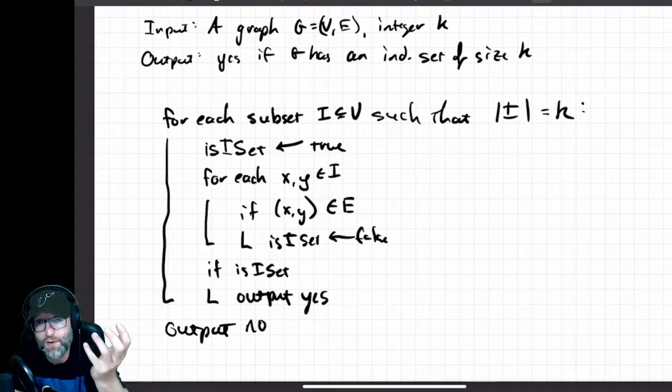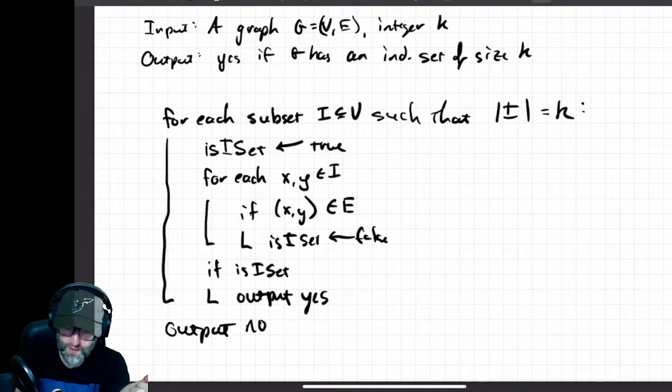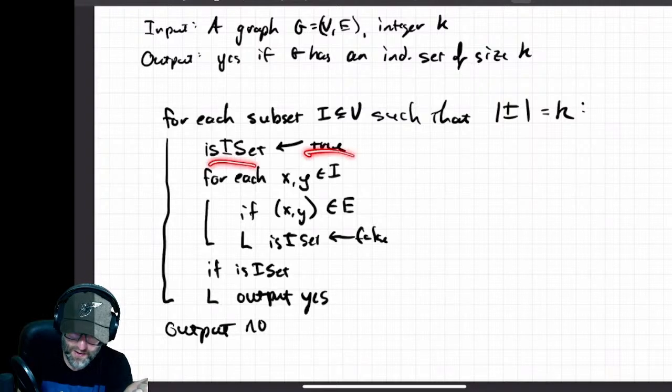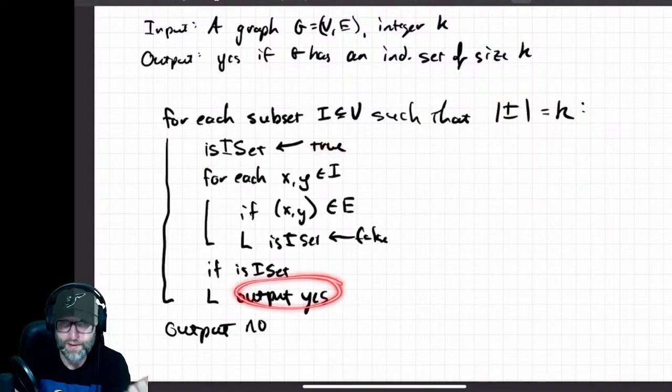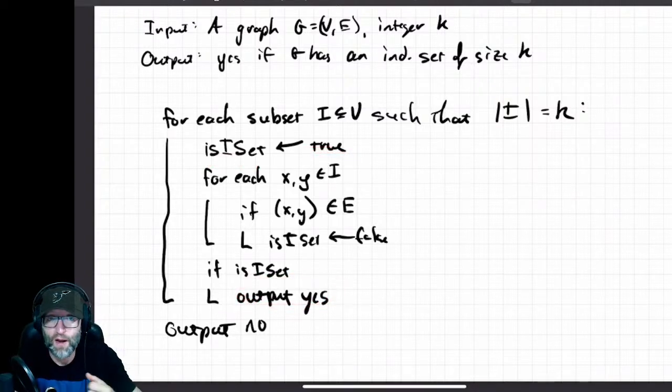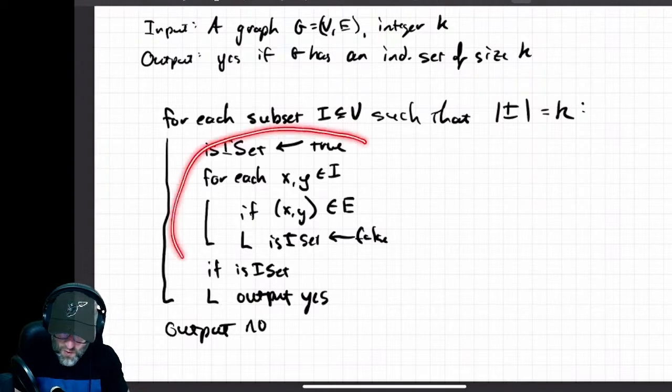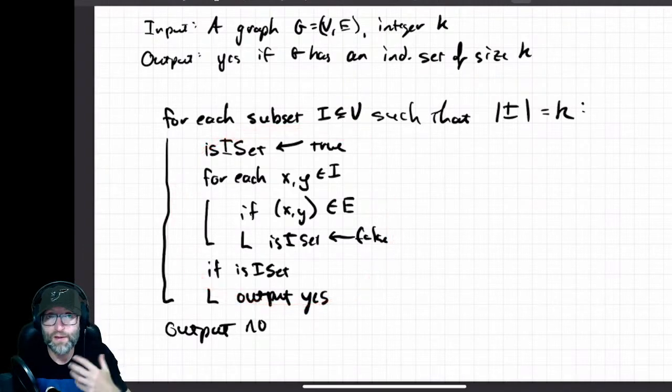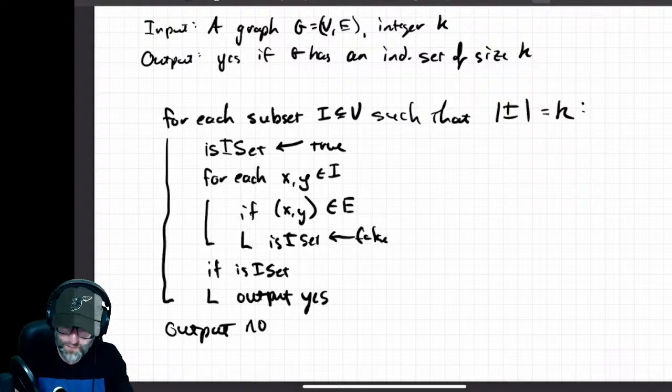I would then start backtracking. Of course, if I ever found an independent set, then I would immediately stop and output yes. But I wouldn't have to create a subset of size k plus 1 or k plus 2. Or for that matter, I wouldn't have to do all these checks for any subset that is size less than k.